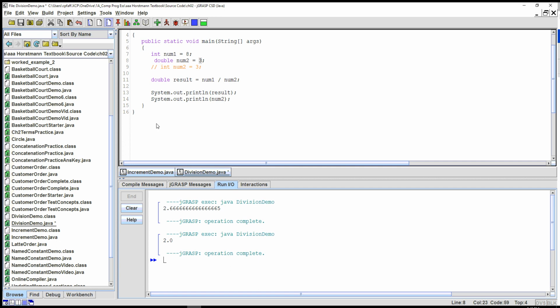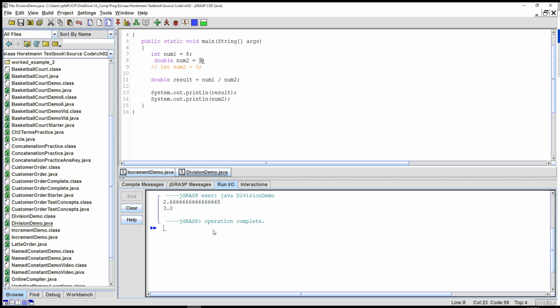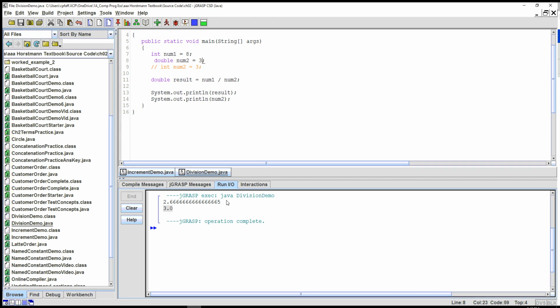No. Watch this. Okay, so notice that it does the division. Because this is a double, you do the calculator, keep the decimal. But num2, if you print num2, I thought it was 3. Well, because 3 is being stored as a double, and to change it to a double, you just got to add a 0.0. That's what happens.